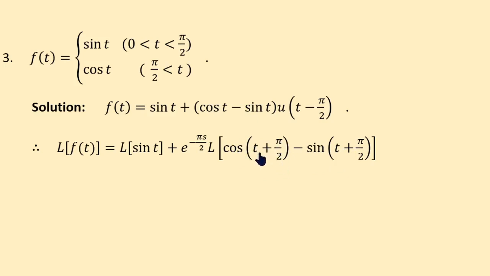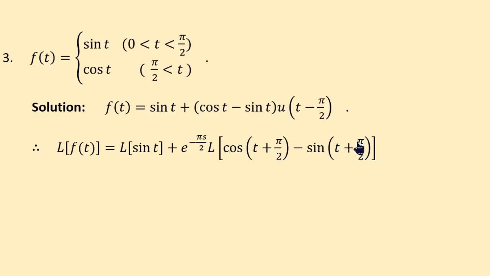This is pi by 2 plus some angle theta or t, so cos becomes sin, sin becomes cos, that means co-angle, complementary angle. But pi by 2 plus t means it is in the second quadrant, where cos is negative, therefore cos t plus pi by 2 is minus sin t.